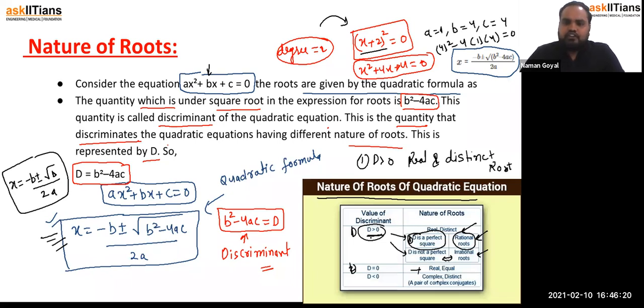If d is positive, then roots are real and distinct, and there is a sub case also. If d is a perfect square, then roots are rational, and if d is not a perfect square, then irrational roots. If d is 0, then roots are real and equal, or we can say repeated roots. If d is less than 0, the roots are imaginary.